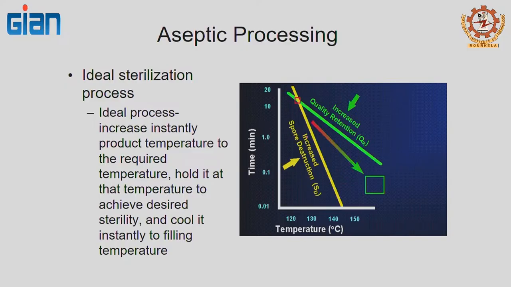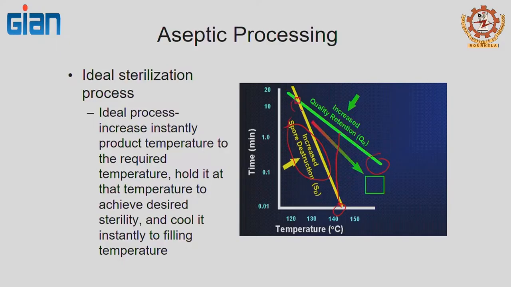this is the spore destruction. This happens at 140, in a much shorter time, whereas this is the quality kinetics, where you are able to retain the product quality. If you look at here, much more of the quality is retained.